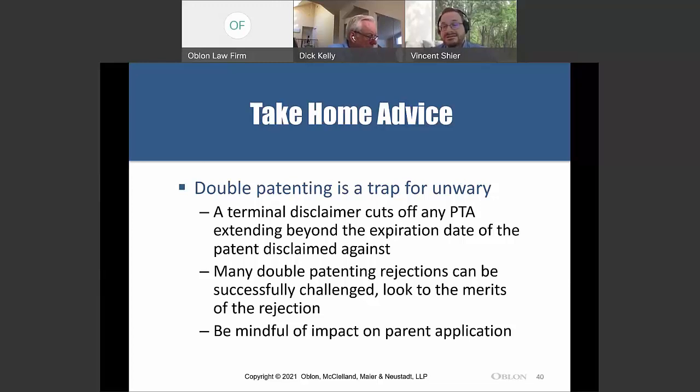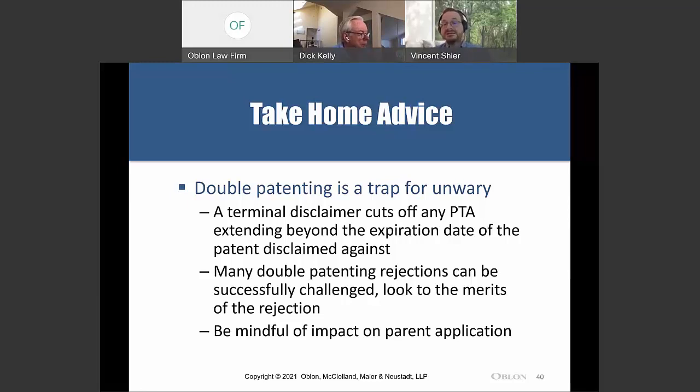In areas like pharmaceuticals, medical devices, things that have regulatory review components, long lifespans in the life sciences, you have to be very cautious of adopting a policy that says we file terminal disclaimers. You want to carefully evaluate rejections, look at the merits of the rejection to see if you could actually successfully argue that it is not an obvious variant. There's definitely differences justifying two patents existing.